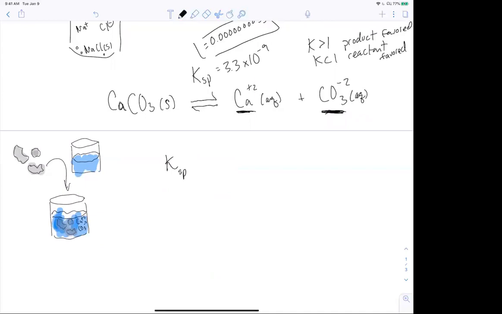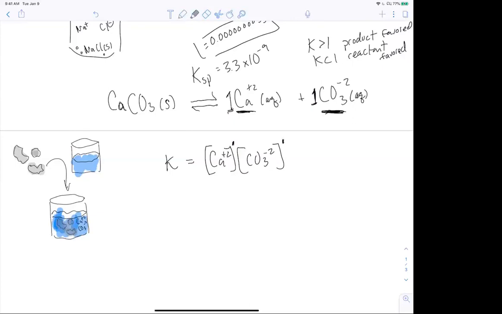So remember that K, I'm going to drop the SP part just because I find it annoying, is equal to the products times one another, raised to their coefficients. So the coefficient here is just 1. So these things are just raised to 1. Nothing new there. But we always put these over the reactants.